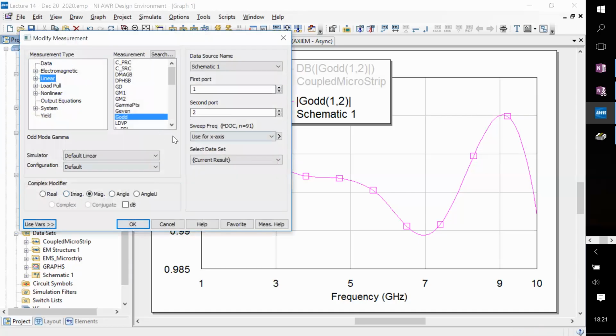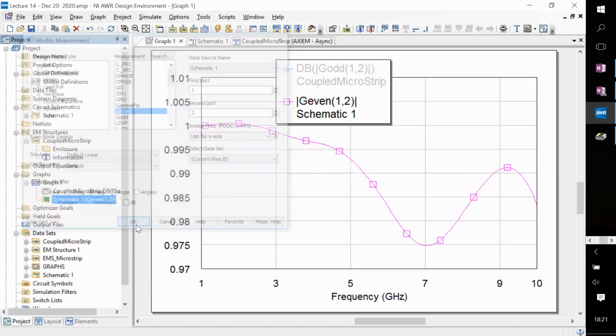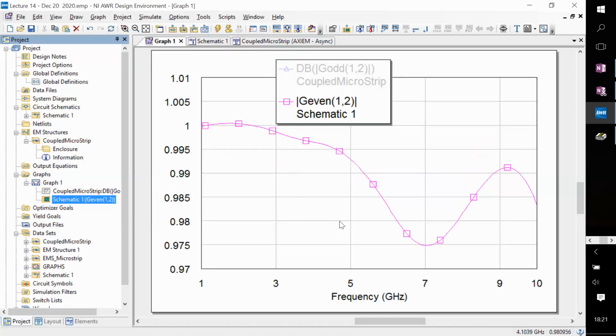Let's look at the even mode reflection coefficient here. And yeah, this one also has slightly greater than 1 here. So these are things which can sometimes happen with numerical solvers because they make some approximation somewhere and some rounding error or something, and then that gives rise to these unphysical situations.